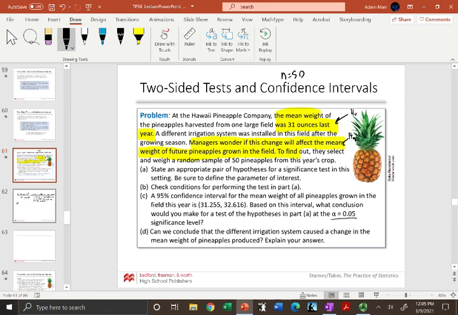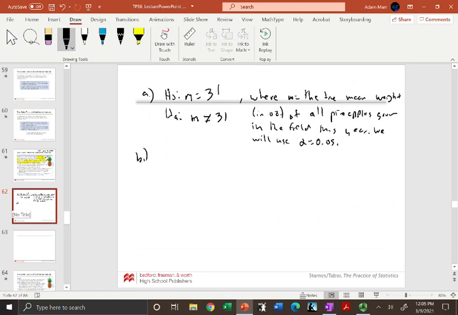And the whole population, the big N, is going to be all pineapples, all future pineapples, all pineapples grown on the field. So that's what we're going to transfer over. So we know that n equals 50, and the big N is just going to be all pineapples. I'm just writing that as my little notes here. You don't have to write this if you already have the question before.